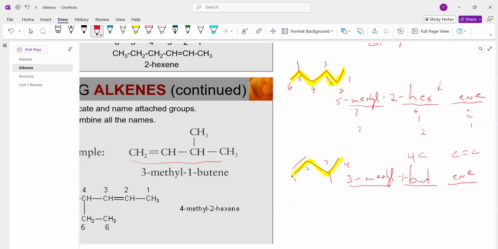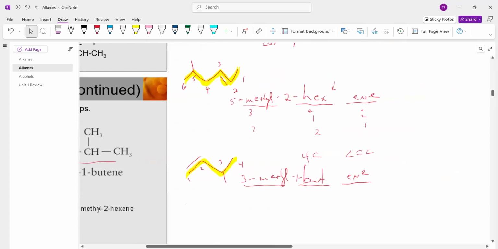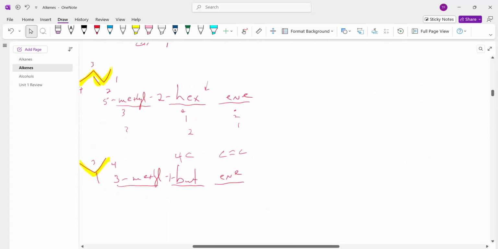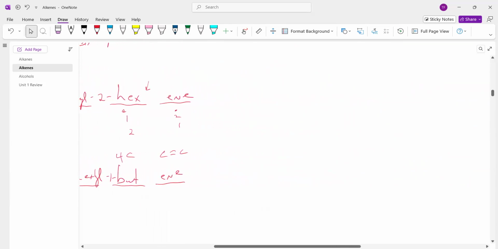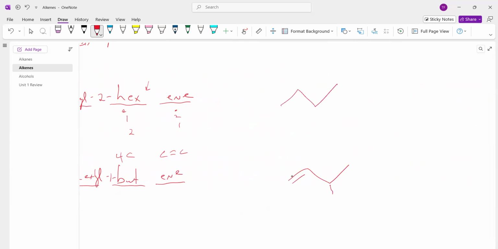Now, I want to characterize something here between these two. Let's do 2 butenes. We have this one here, and then we have this one. Now they're both 4 carbons long, a 4 carbon backbone.